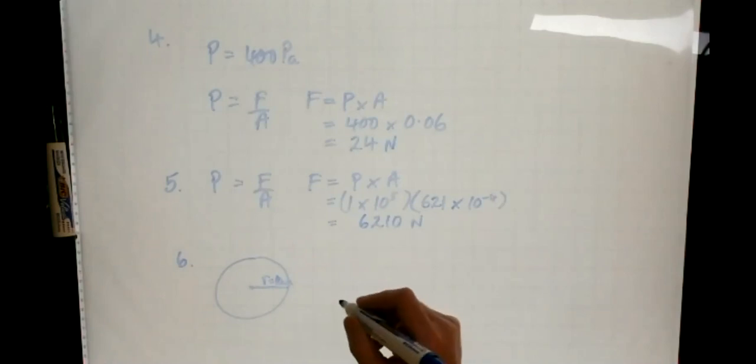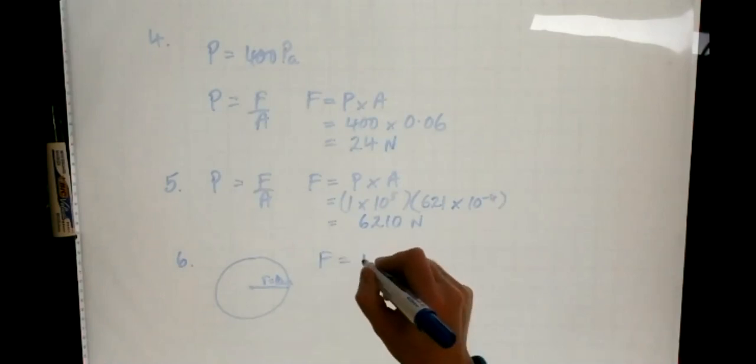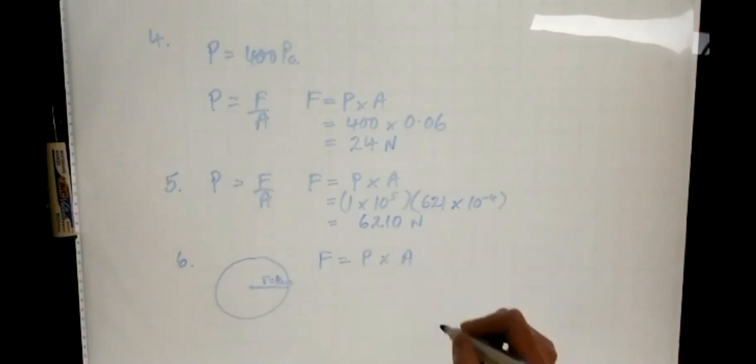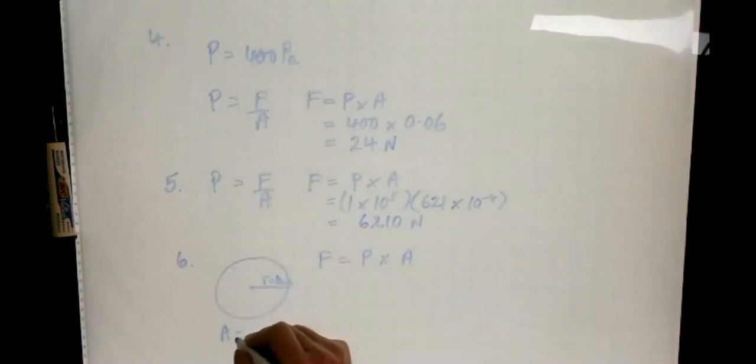So the question asks for the force. The force equals pressure times area. Now what is the area for a circle? Area of a circle equals pi r squared. Yes, pi r squared.